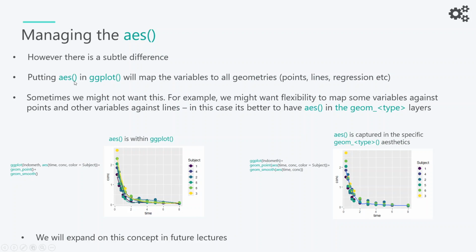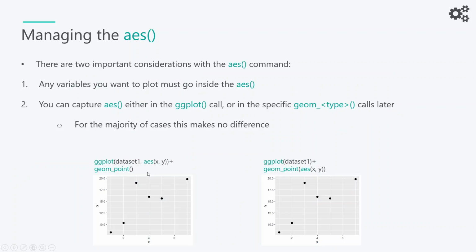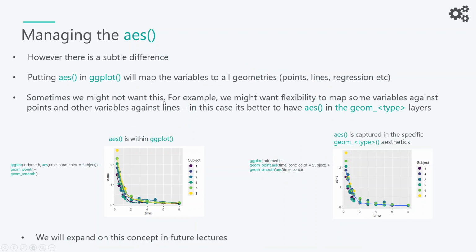Whenever we put the aes right up front in the ggplot call, so essentially in this example we've got the aes in the first layer, the ggplot function call, what that essentially means is that all of the subsequent layers referring to the geometries that we later plot will use those variables x and y. So for example, let's say we have a graph that we want to have the plots of the data color coded by another variable.